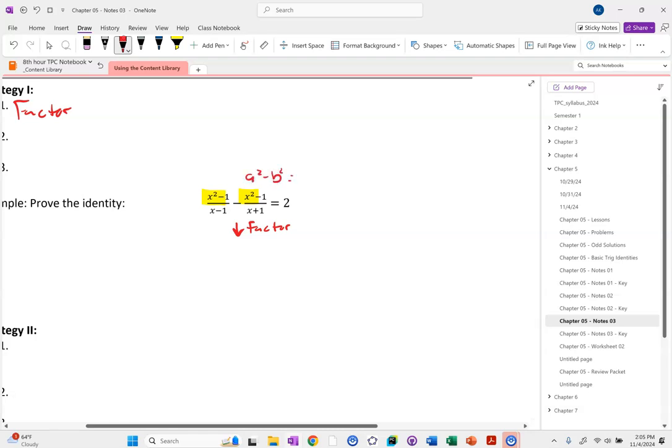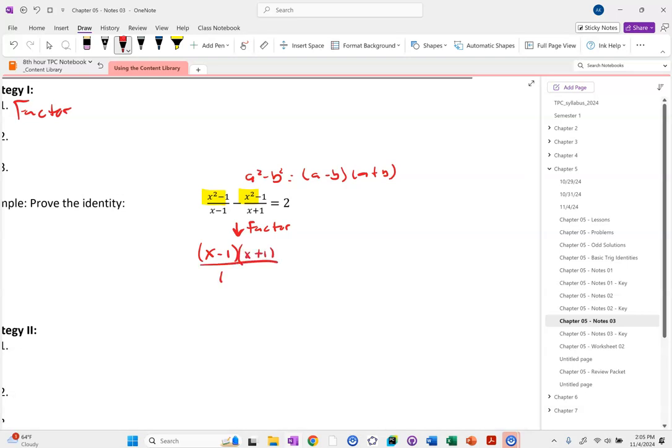So hopefully what you see is that looks like that difference of two squares factoring pattern, right? So x squared minus 1 factors to x minus 1 times x plus 1, right? A plus b. So we do that for both of them.